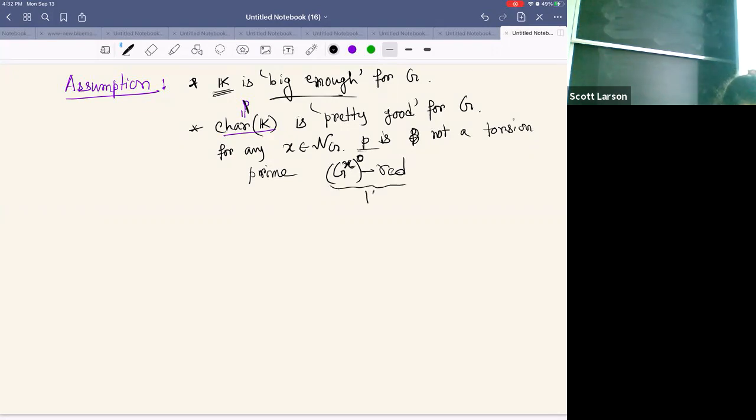Let's say this is the group H. Then I want the fundamental group of H to have no P torsion.